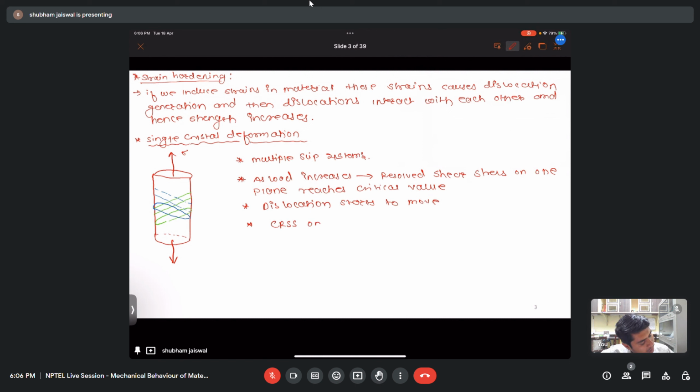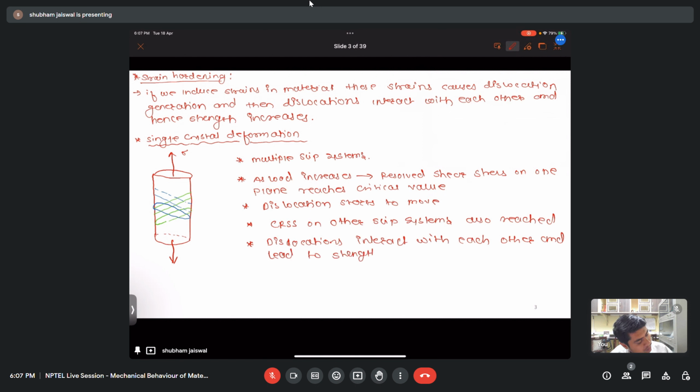These dislocations again start to move, and as more dislocations move, they interact with each other and lead to strengthening. So this is about single crystal deformation.